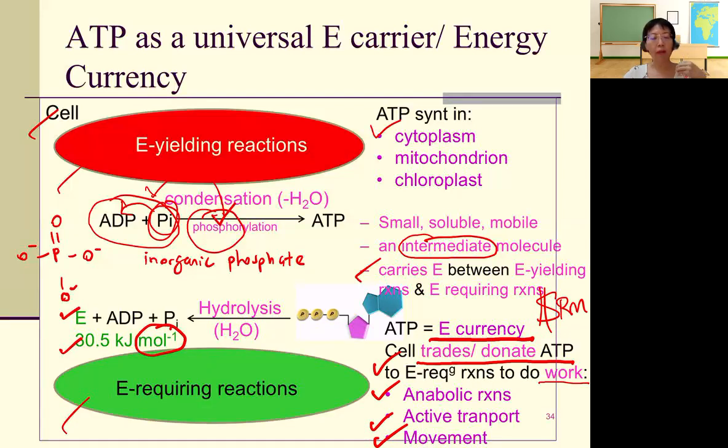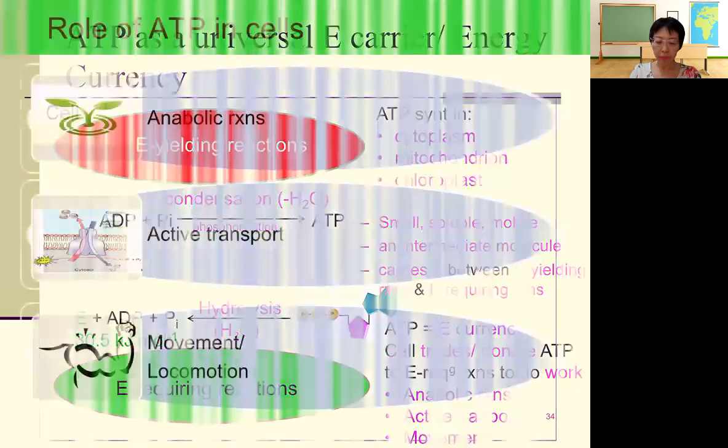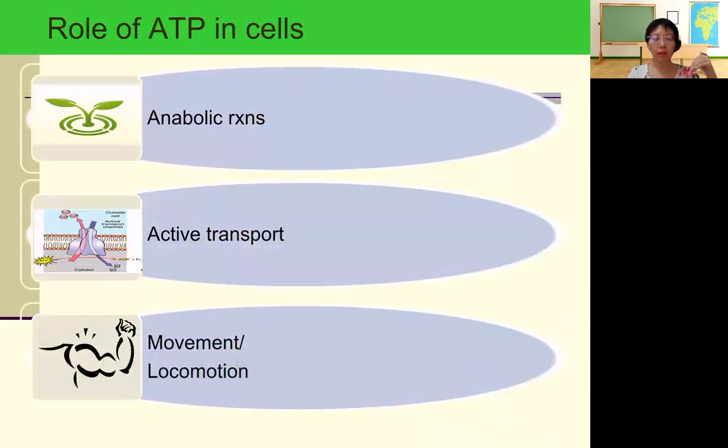So the cell will have to trade or donate or pay ATP in order to ask certain parts of the cell to do the work. So these are the three types of work that will require ATP in the cell. First is anabolic reactions.